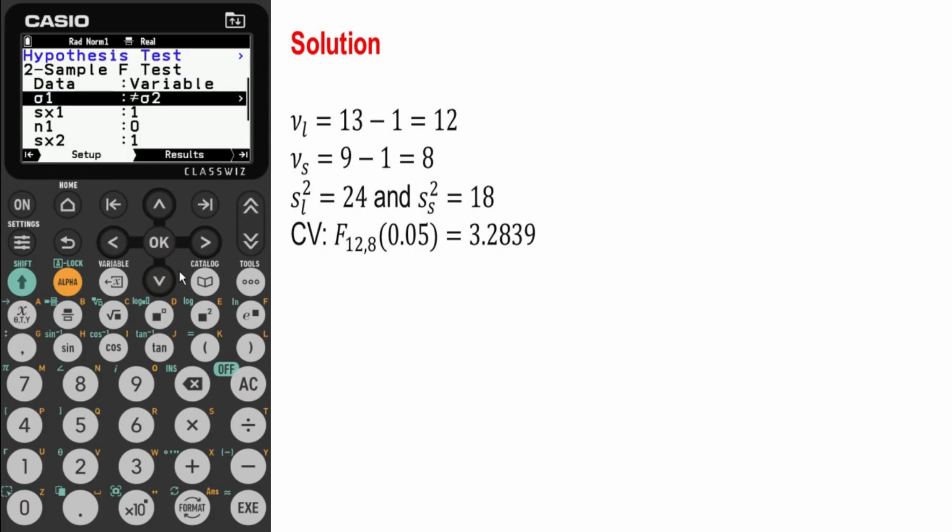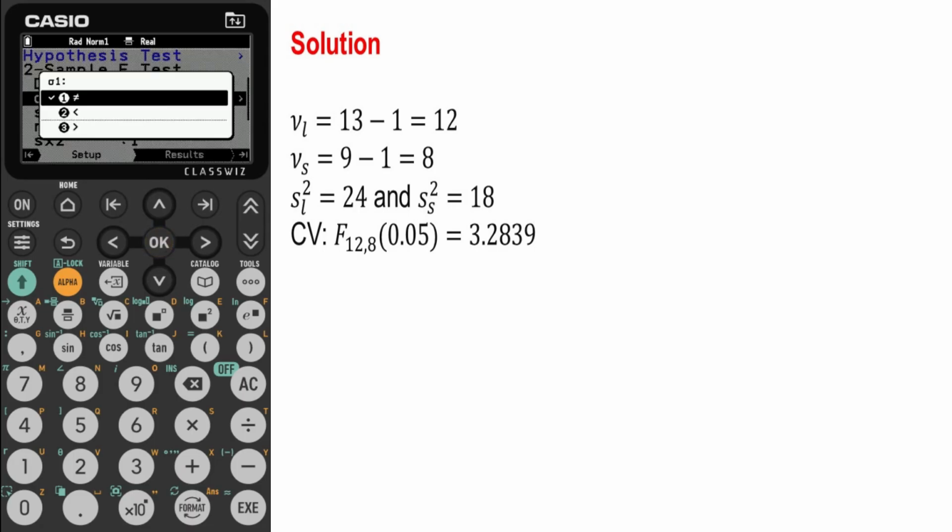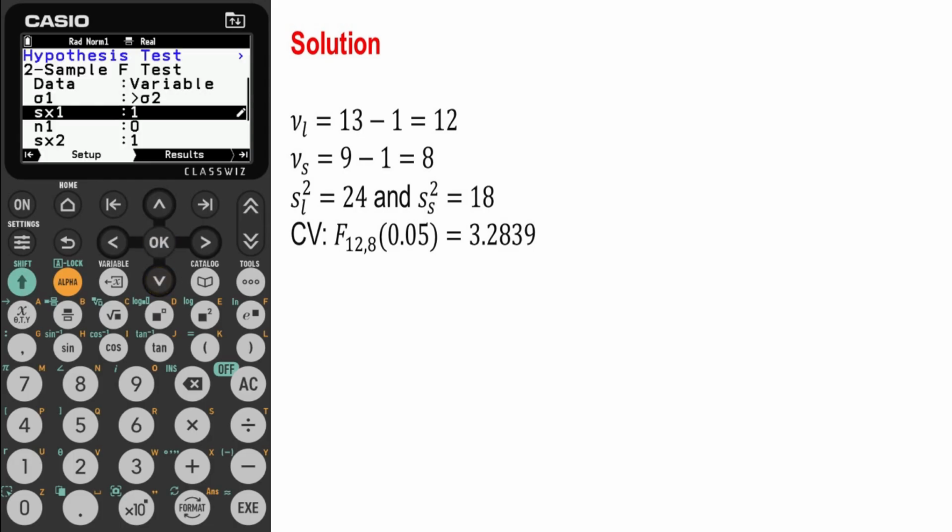Here we have sigma 1 and we want to test if this is greater than sigma 2. Sx1 will be given by the larger, so that is the square root of 24, and for n1 that will be 12.